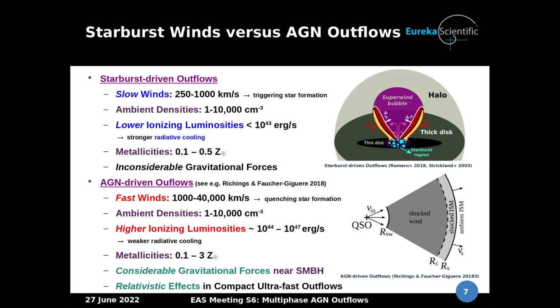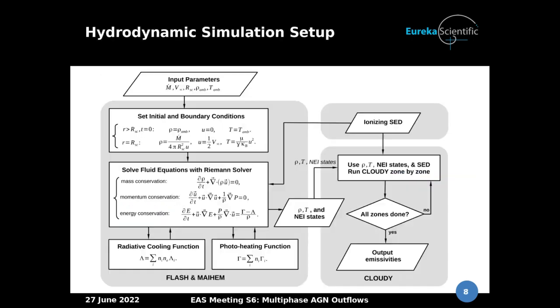And in AGN-driven outflow, ionizing luminosity is higher, and when we are near the supermassive black hole, there is considerable gravitational force. To simulate AGN and also star-driven outflow, I use a model which is implemented in FLASH, with the radiative and chemistry networks module MAIHEM.